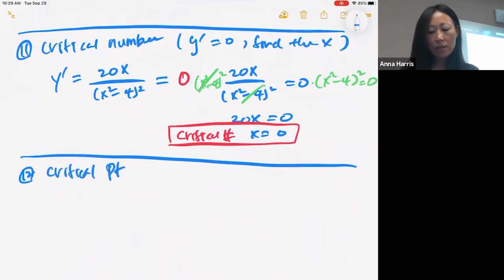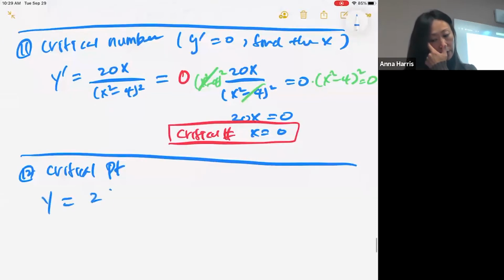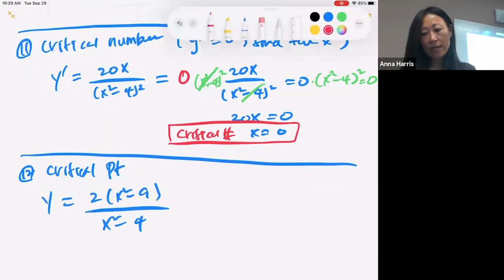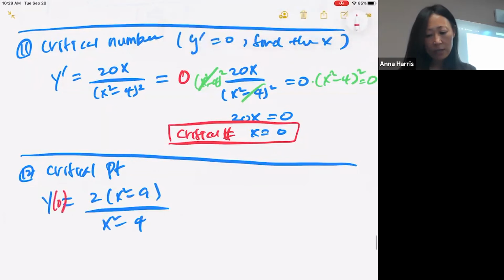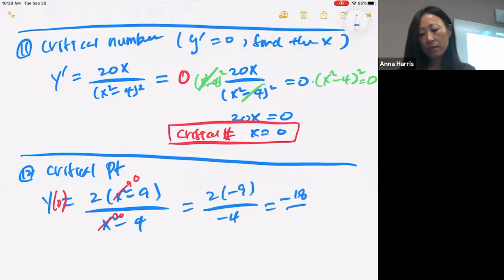Critical point. So my y is equal to (2x squared minus 18) over (x squared minus 4). I'll plug in x as what? 0. So I have 2 times negative 9 over negative 4, which is the same as 9 over 2.